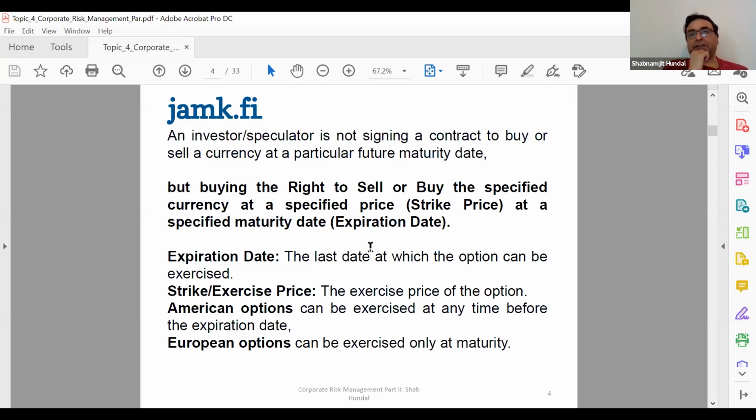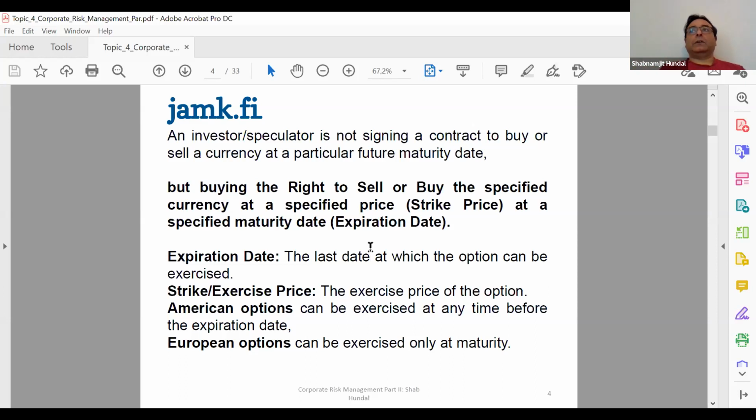So my contract price is more expensive, whereas I can buy the Australian dollar cheaper from the market, just 75 cents. I just forget that I have the option contract. It gives me the right, but there's no obligation to follow it. So it means that I will not use the option contract. I will not even do anything. I just say, all right, let's leave it.